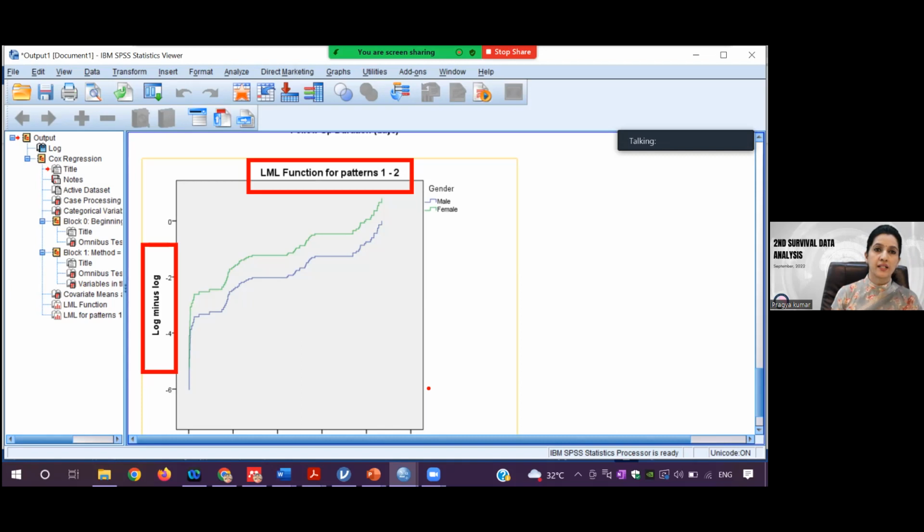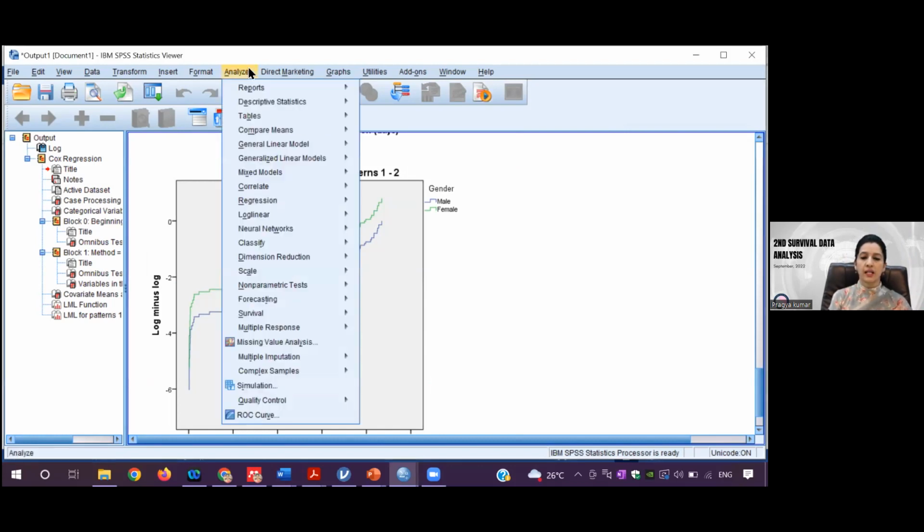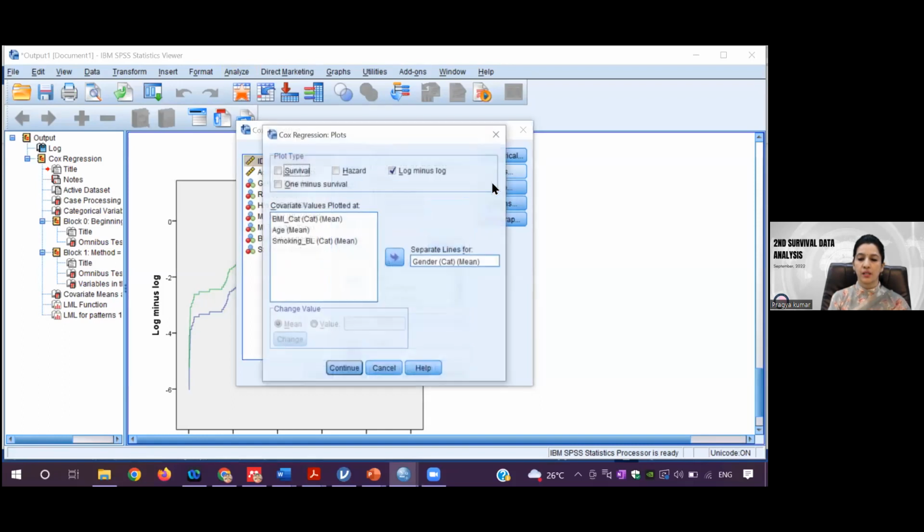Now again, this is the adjusted one because you can see here that I have all the variables in that box. Now again, I'll go to analyze, survival, Cox. Again, I'll go to plot, and this log minus log curve is for the categorical variable only.